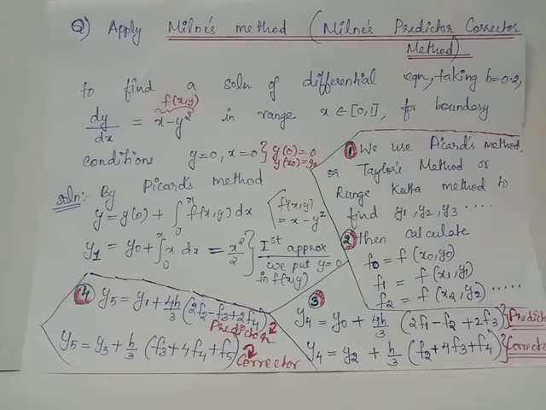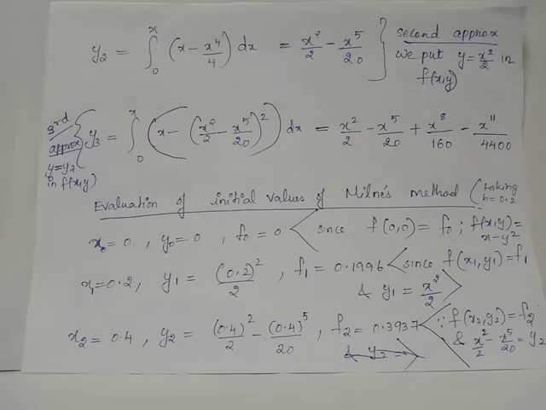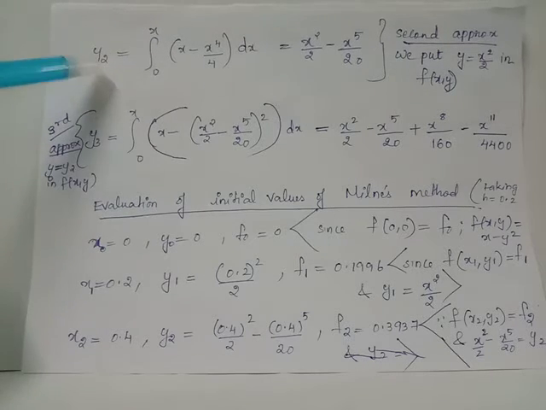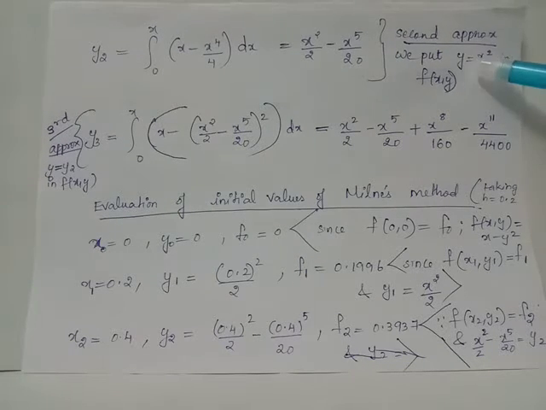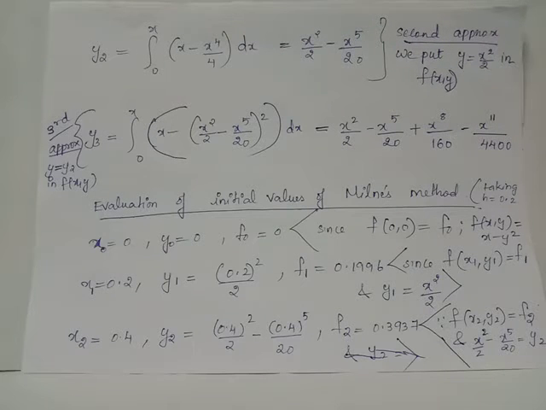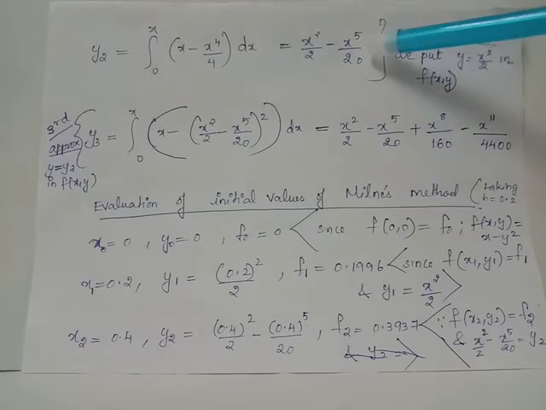That is, f of x y equals x minus x raised to 4 by 4. Thus, we have the second approximation y2 obtained by giving y equals x square by 2 in the expression of f of x y, equals integral 0 to x of x minus x raised to 4 by 4 into dx. By usual integration, we obtain y2 equals this function.